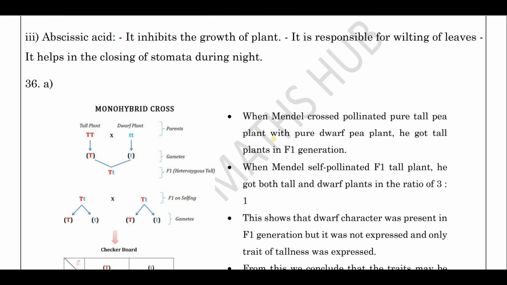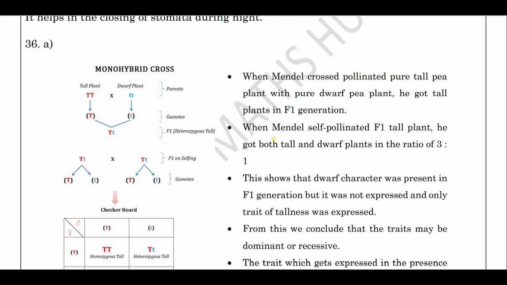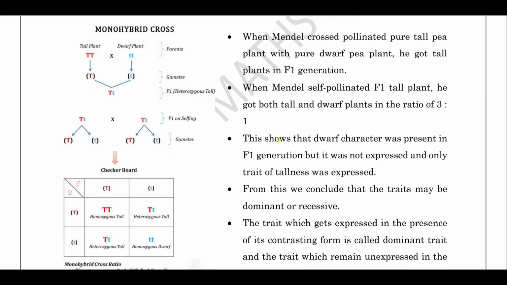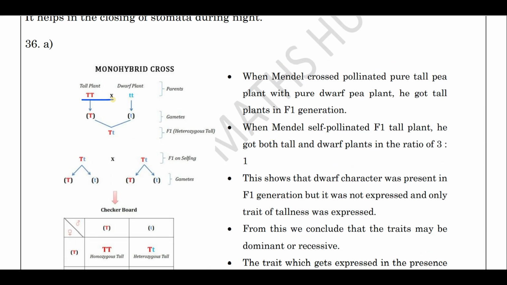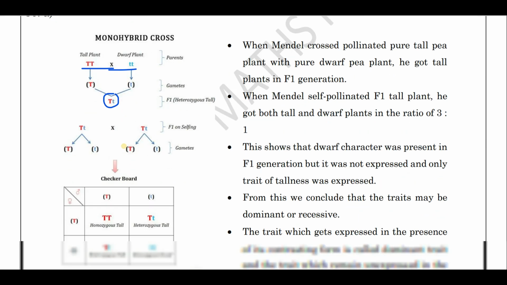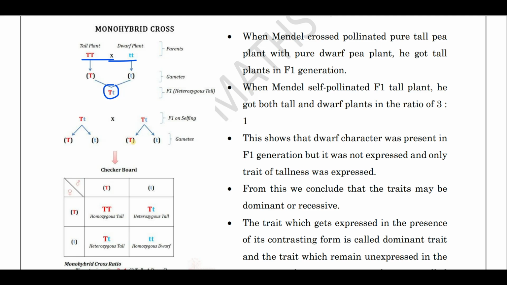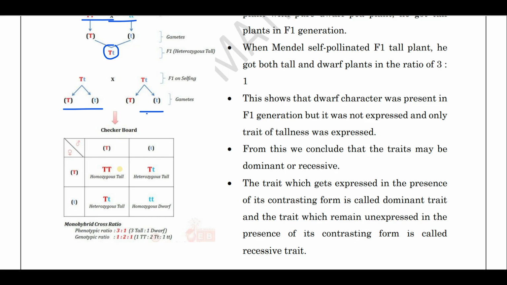36th question. Mendel's experiment to show that a trait can be dominant or recessive. He took a tall plant and a dwarf plant and pollinated them. In the F1 generation we got tall plants. When these were self-pollinated, we got 3 tall plants and 1 dwarf plant.